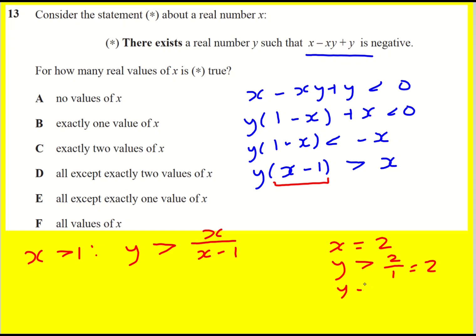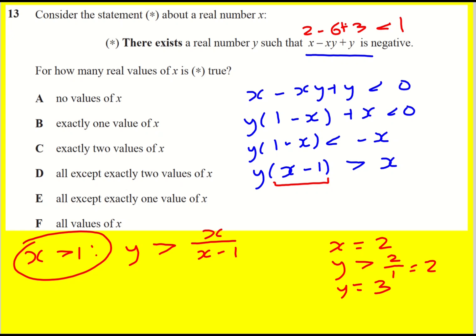I could let y equal 3. And then when I put it in, I would get 2 minus 6 plus 3. This would be negative. So as long as I pick a y that is greater than x over x minus 1, it's sorted. So the statement's going to be true for all these values.